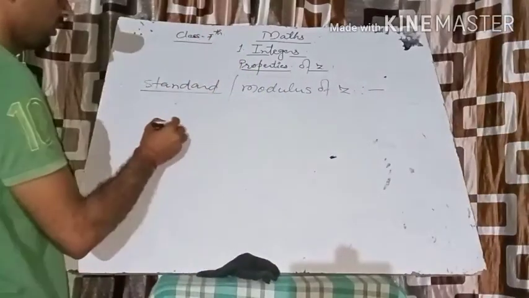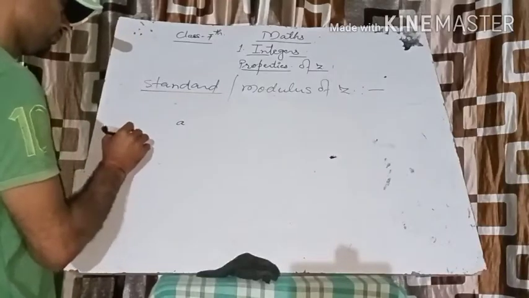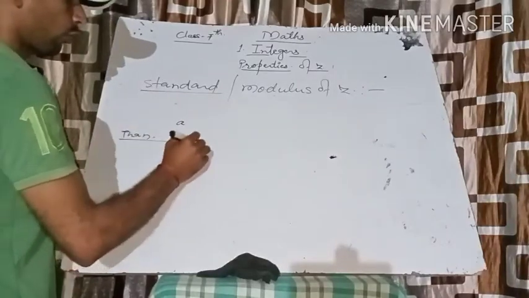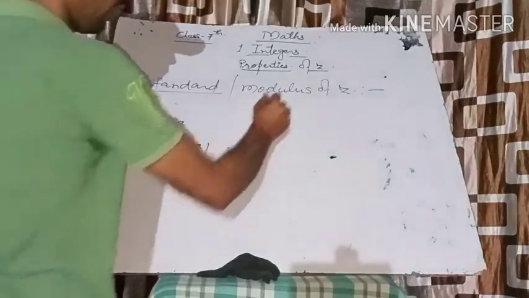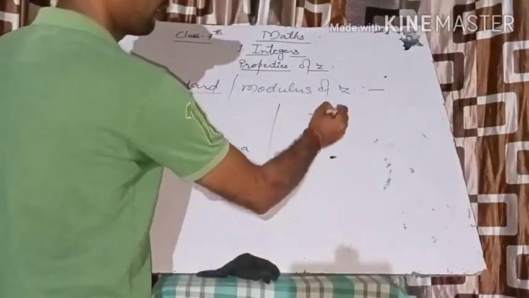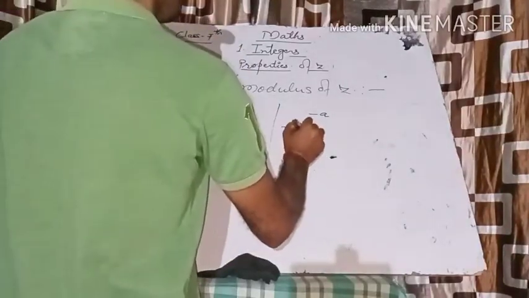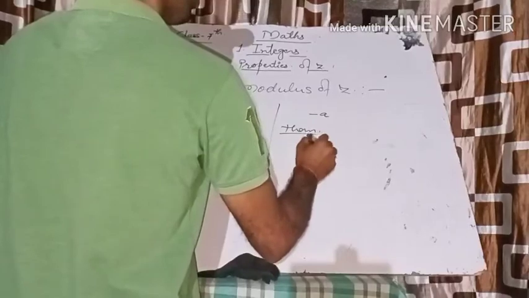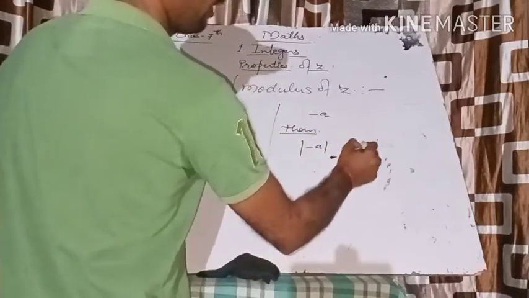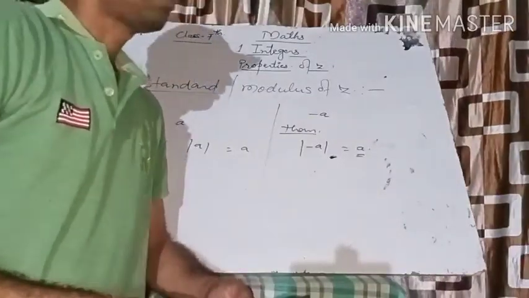Suppose we have an integer a, then mod of a is always a. Or if we have a negative integer, say minus a, then mod of minus a is always a. You have to keep these things in your mind, and then study your exercise.